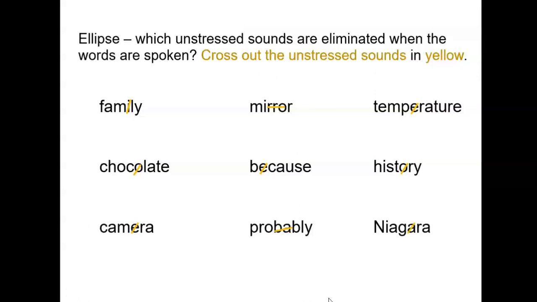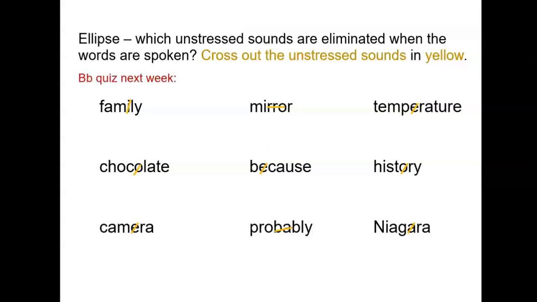So let's say these together, and then I will show you just a little trick for the quiz when you do this next week. So we'll go like this and say them together once. Family, mirror, temperature, chocolate, because, history, camera, probably, Niagara.